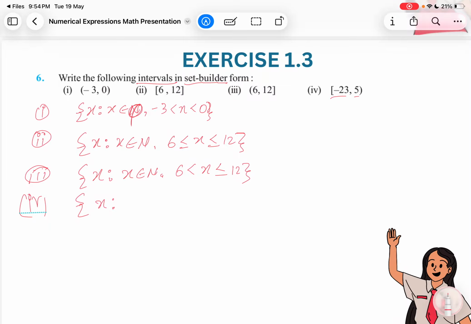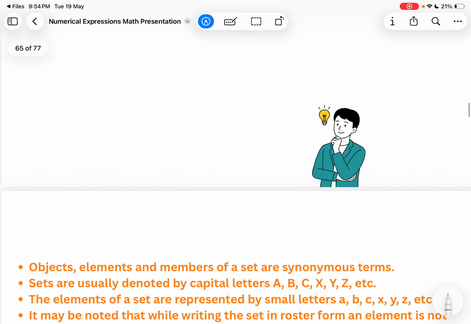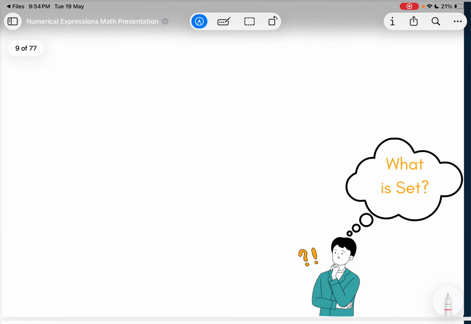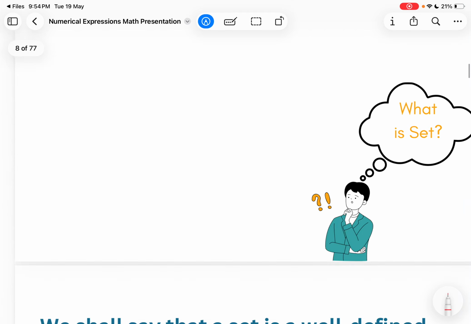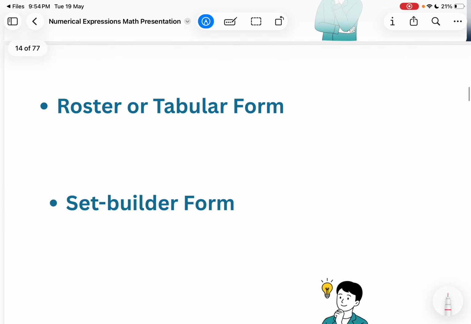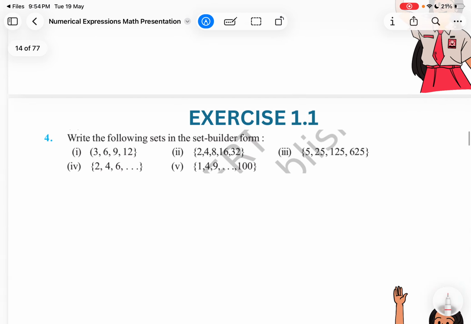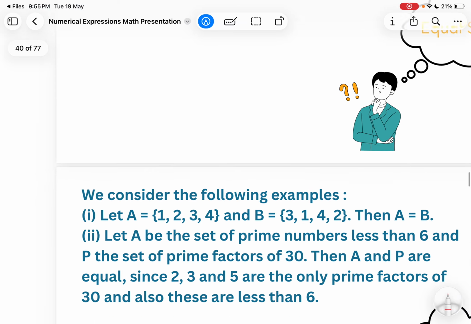Okay, so integers are represented with Z. Let me just check. Rational numbers are represented with Q.